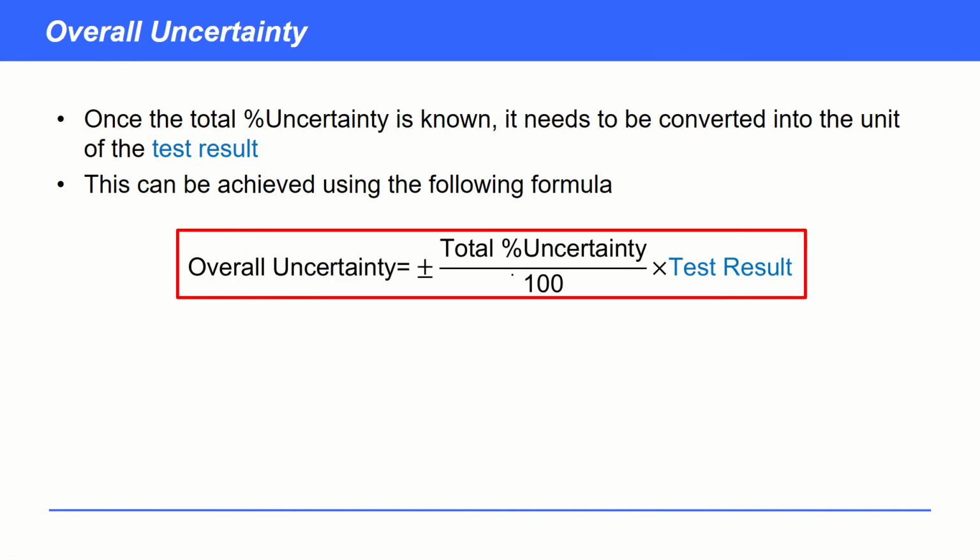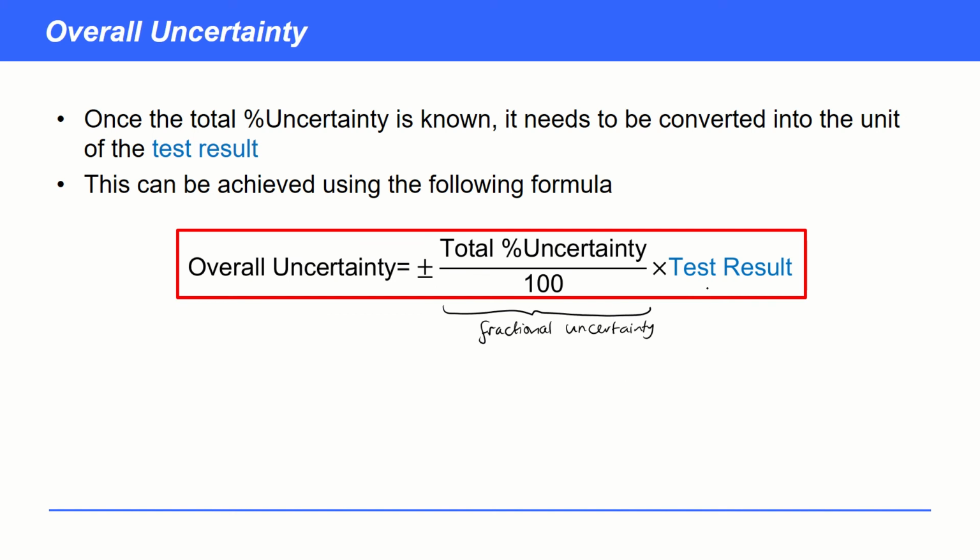We take the percentage uncertainty and divide by 100, and that's basically giving us the fractional uncertainty. Expressing that percentage as a decimal, and then you multiply it by the test result. So let's say the total uncertainty is 5%, the overall uncertainty is going to be 0.05 times the test result.